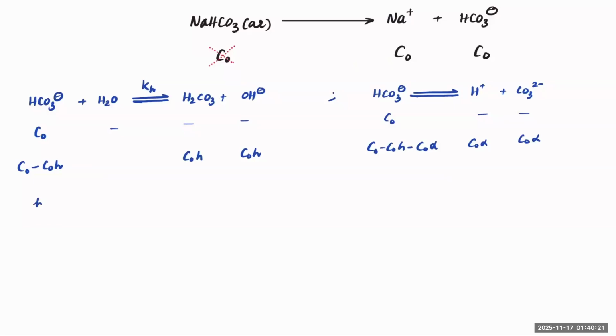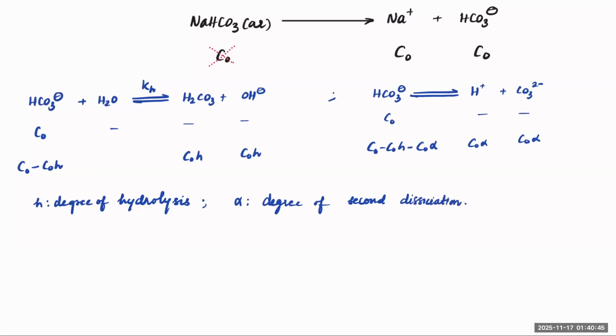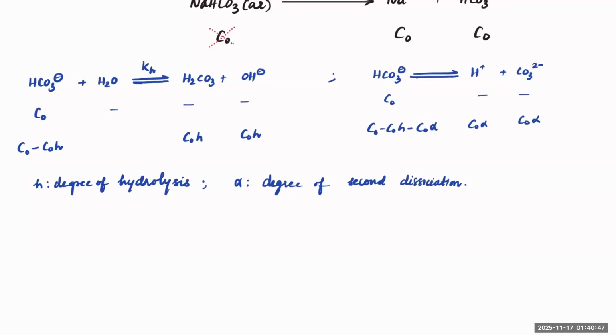Now remember, h here represents the degree of hydrolysis, while alpha here represents the degree of second dissociation, that is, how HCO3 minus dissociates.